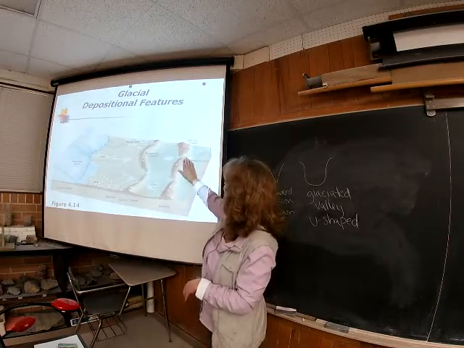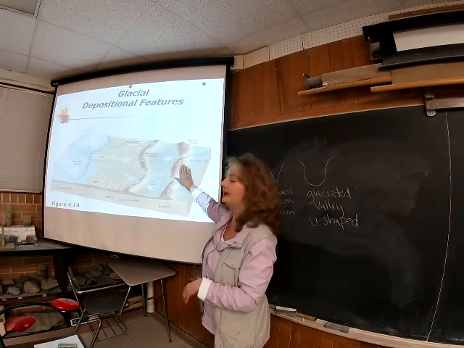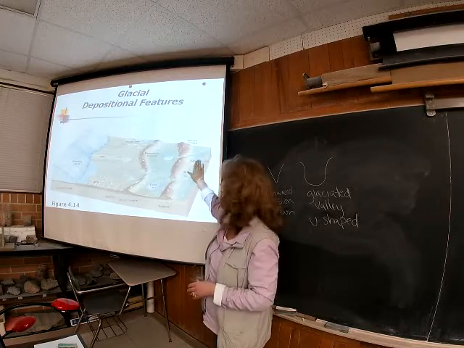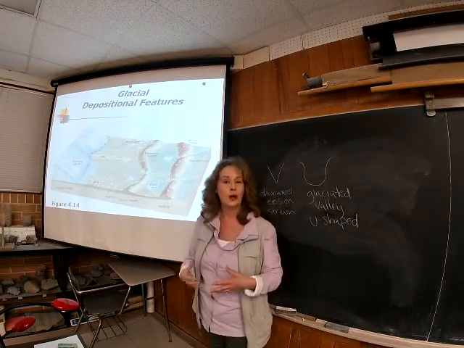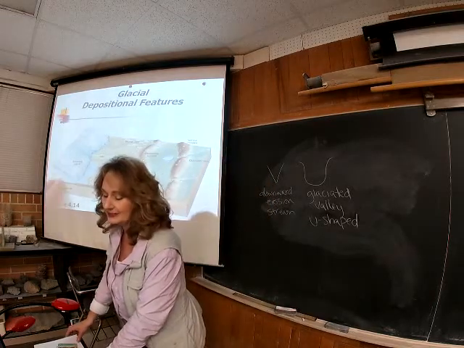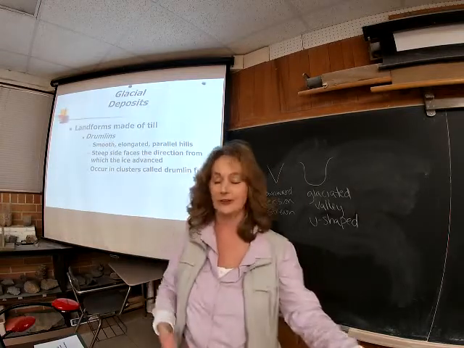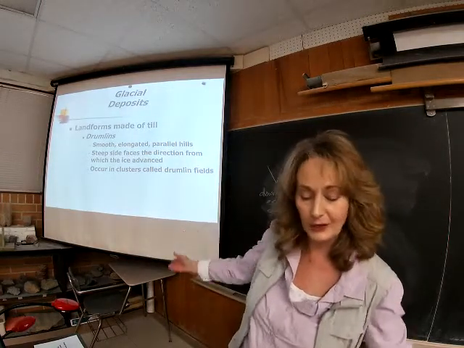Oh, and out here they call it an outwash plain, where a lot of that sediment got carried by the glacial meltwater, and it left a little outwash plain. So many, many features on these depositional features. This is depositing out sediment. So yeah, they're going to talk about some of these.